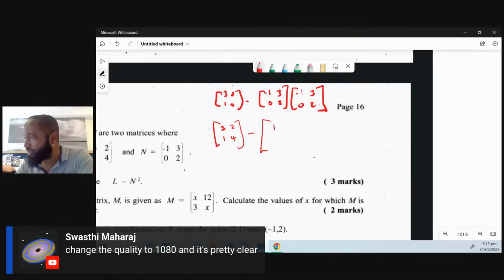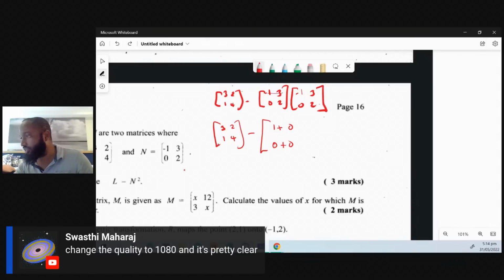-1 by -1 is 1, plus 3 by 0 is 0. I hope you all see what went on there. That was top row, first column, at the top. Then 0 by -1 is 0, and 2 by 0 is 0. So this is this row by this column, all right?